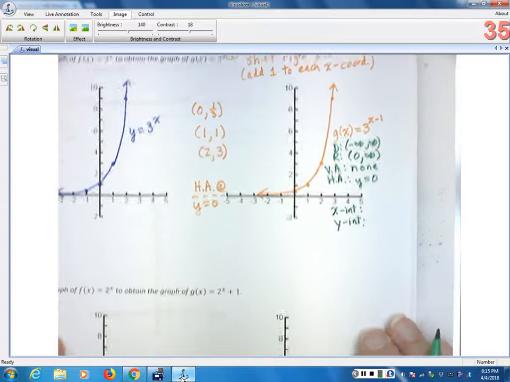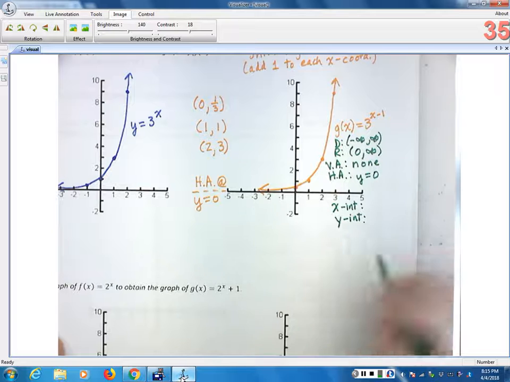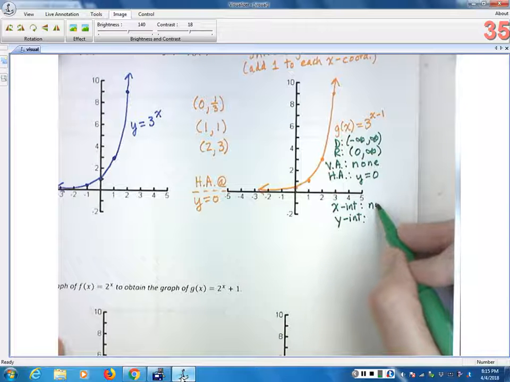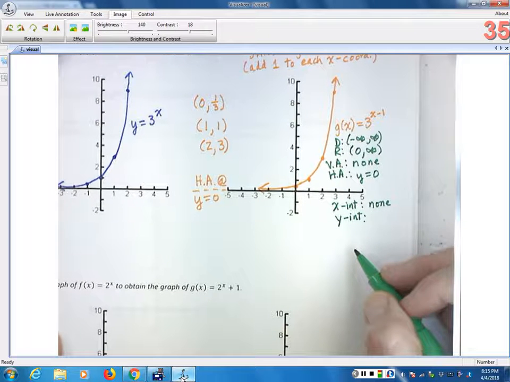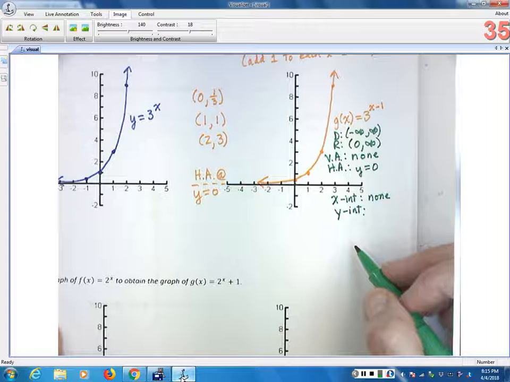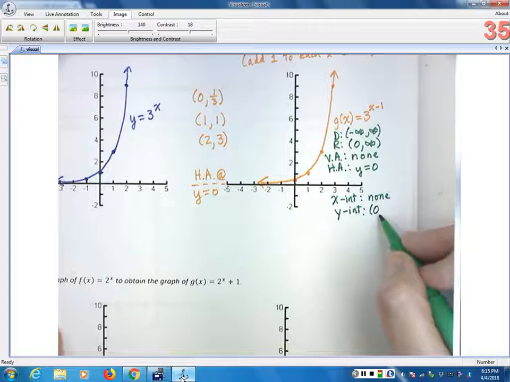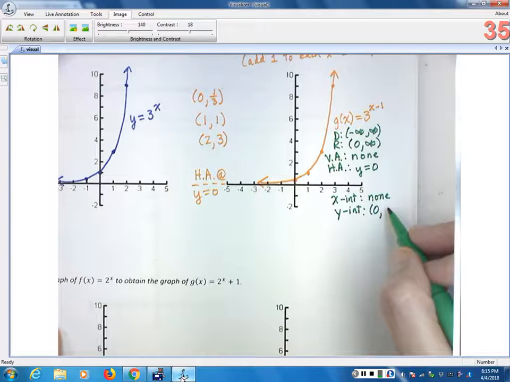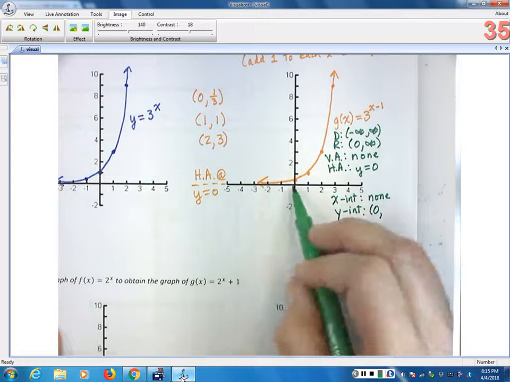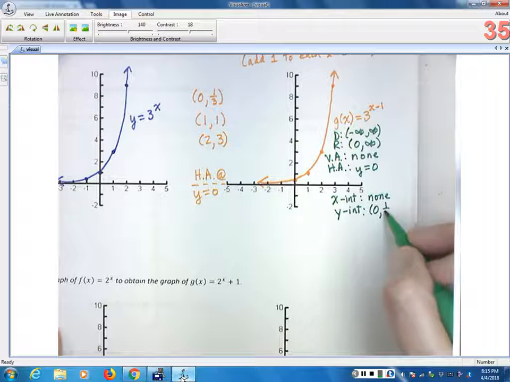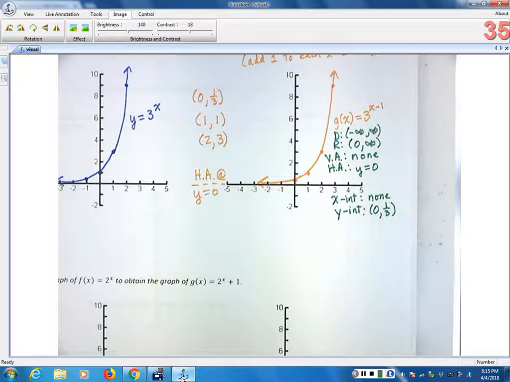The x-intercept, none. The y-intercept, that's 0, a third. Oh, I wrote the wrong thing in the last class.